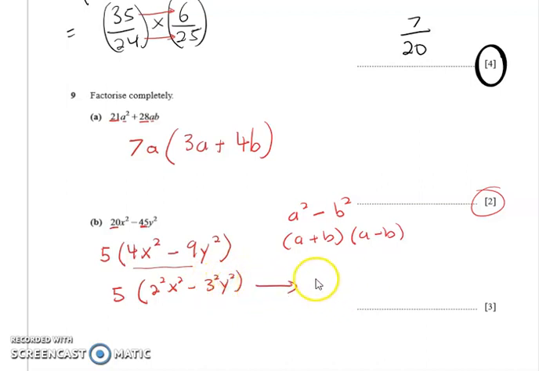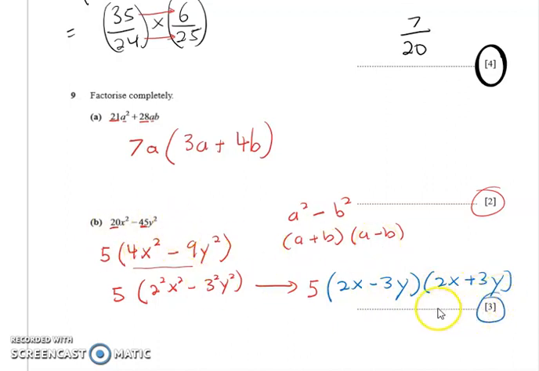Then you can write the answer down: 5, 2x minus 3y and 2x plus 3y. It doesn't matter whether the plus or the minus comes first. So this is the solution. This is for 3 marks.